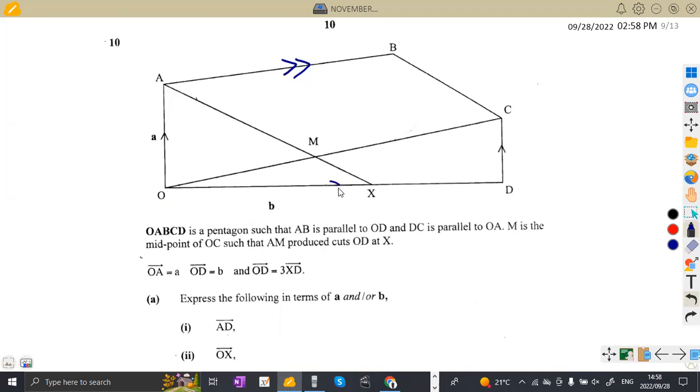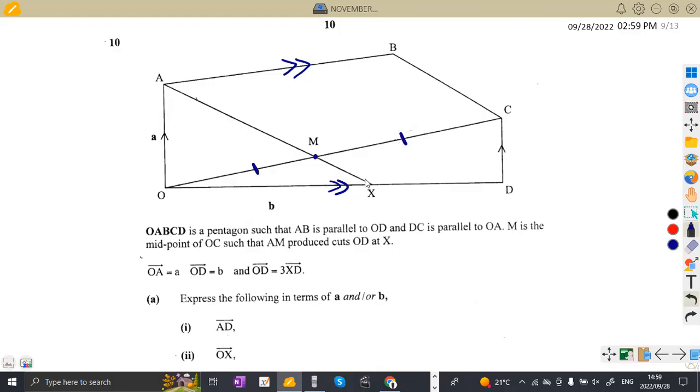We have to indicate that these two lines are parallel to each other, and M is the midpoint of OC. So this M that we see is in between OC, which means from O to M and from M to C there is equal distance. That is what it means.